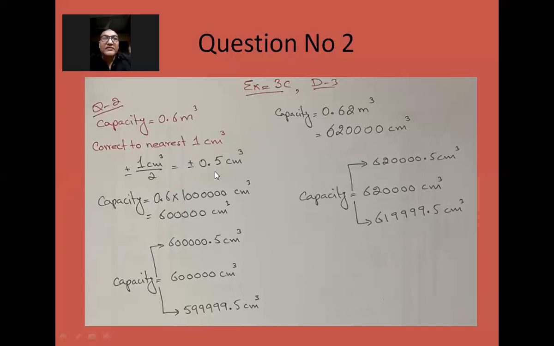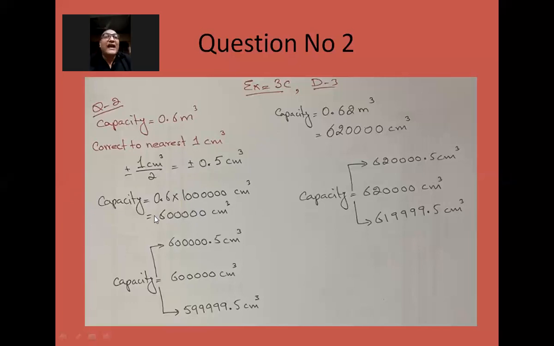Now, that was correct to 1 centimeter cube. When I divided 1 centimeter cube by 2, I got 0.5 centimeter cube. To your main measurement, you add this number to get the upper bound. If you subtract this number from the main measurement, you get your lower bound. Here you can see I have written this. The main measurement is 600,000 centimeter cube.